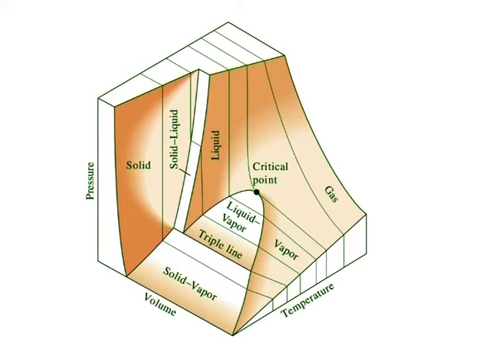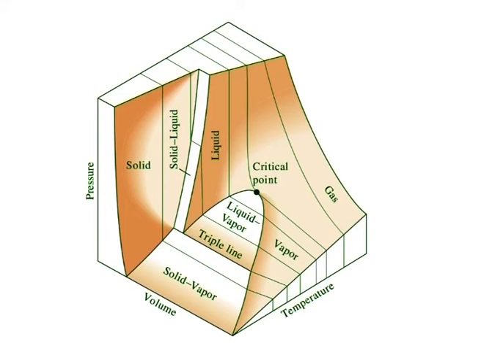The single phase region appears as a curved surface on the PVT surface, and the two phase regions as surfaces perpendicular to the PT plane. This is expected since the projections of the two phase regions on the PT plane are lines.